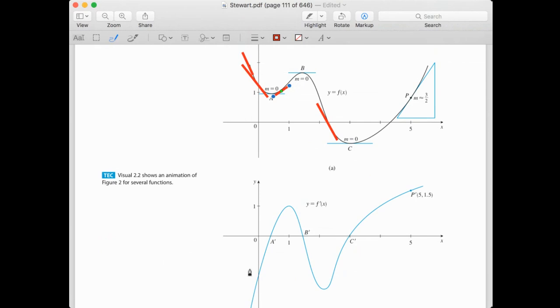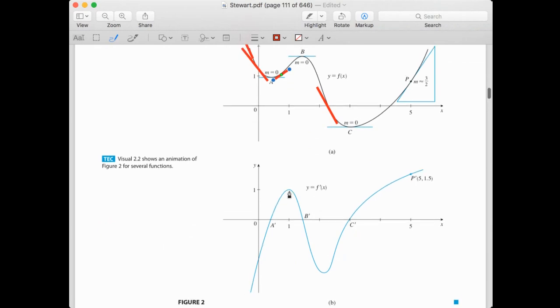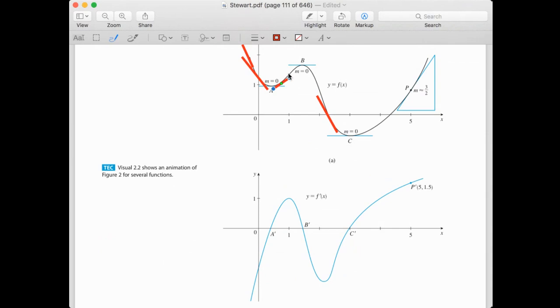So that's why we see this slope increasing up to 1, up to probably this point. Up to 1, the slope goes from negative up to 0, then up to positive, up to 1.